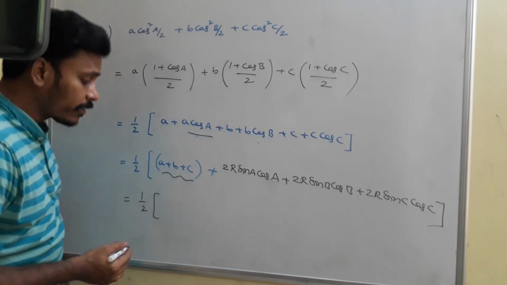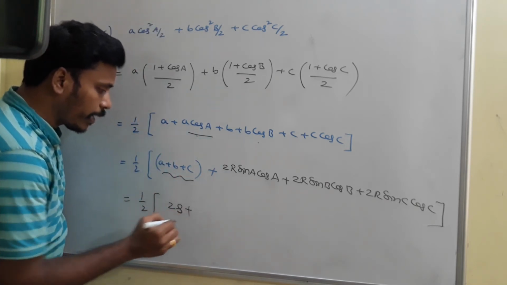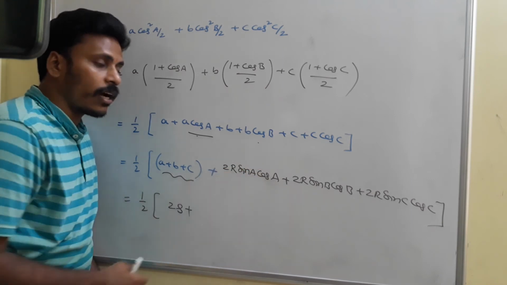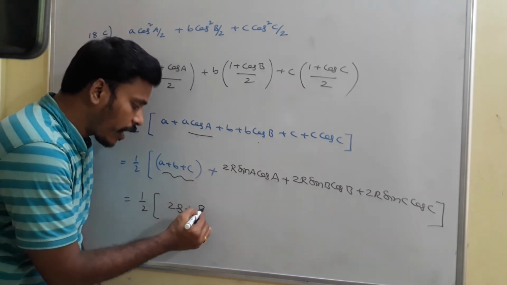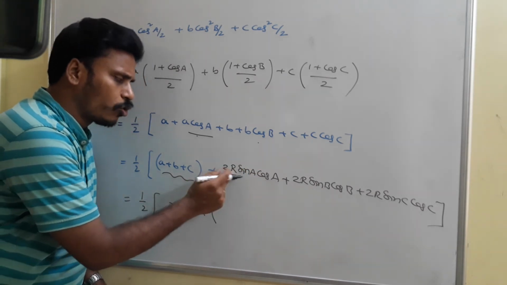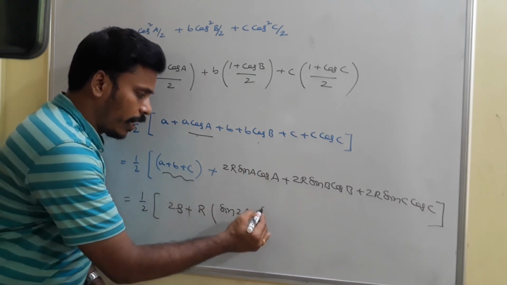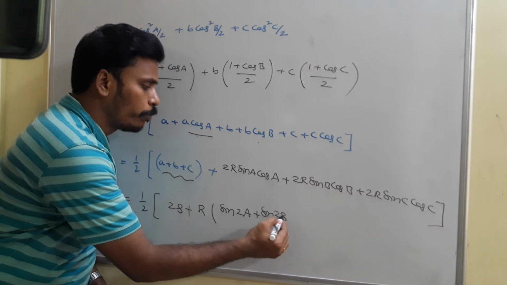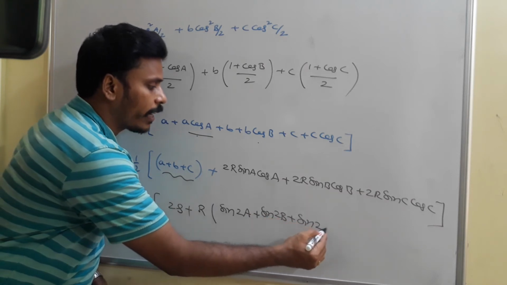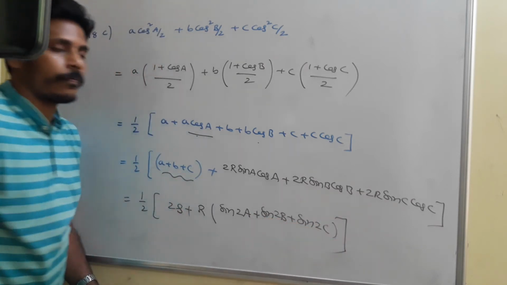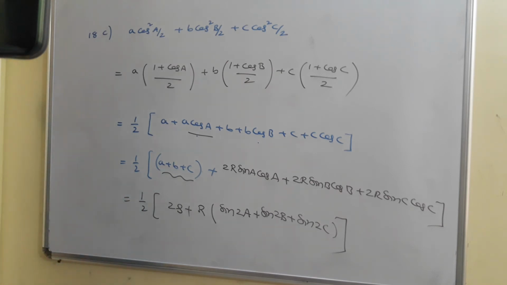Perimeter. Perimeter is represented by 2s, plus this 2R sin A cos A. So just write this R separately, and then this 2 sin A cos A will become sin 2A, and the next term sin 2B, and the next term sin 2C. Okay. So at the end I have sin 2A plus sin 2B plus sin 2C.